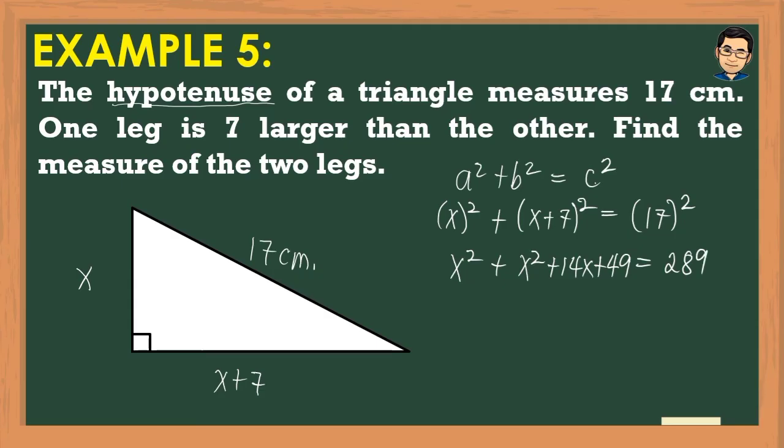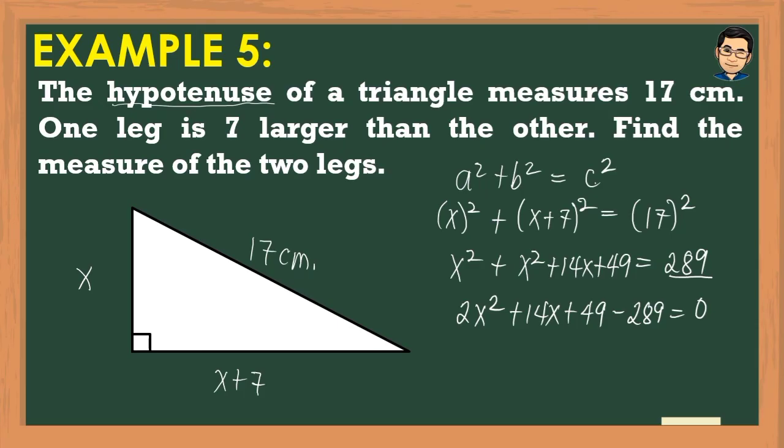And then we combine like terms. So x squared plus x squared, that is 2x squared. Then plus 14x plus 49. And then yung 289, pwedeng ilipat sa left side, magiging negative 289 is equal to 0.